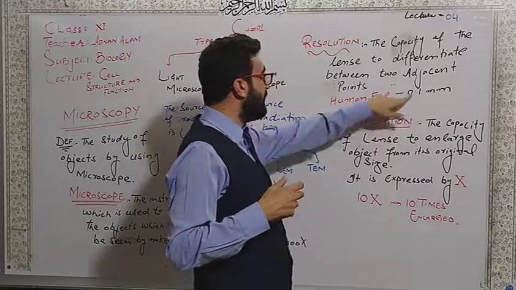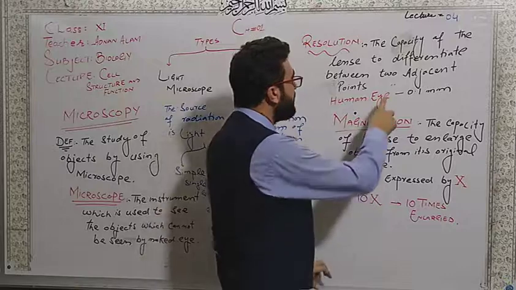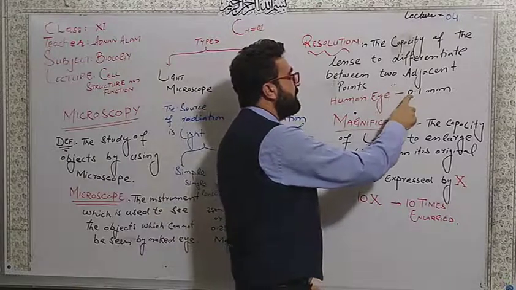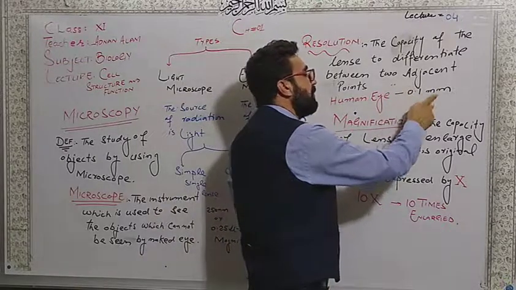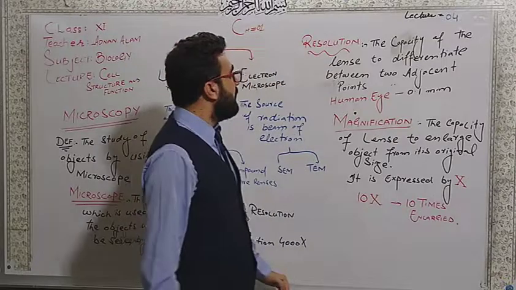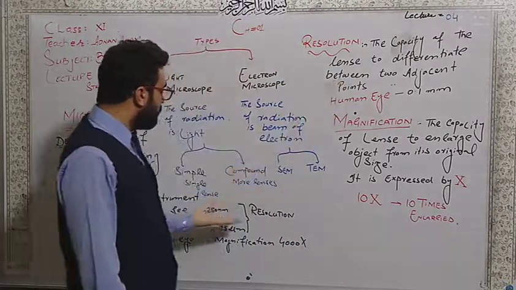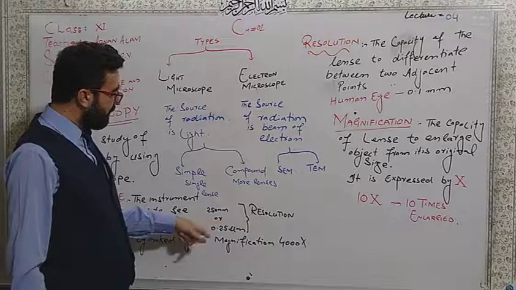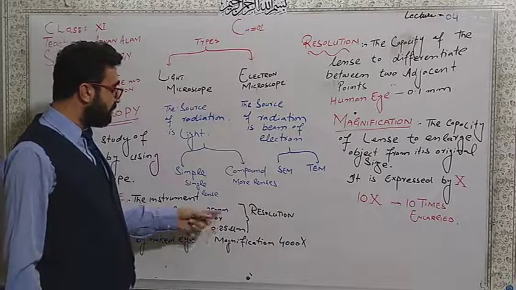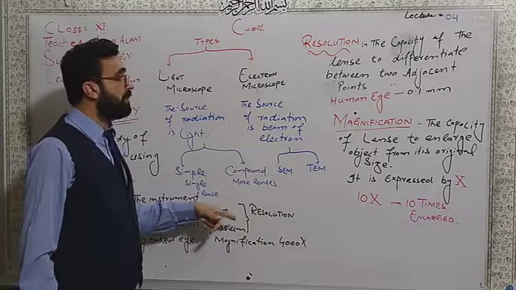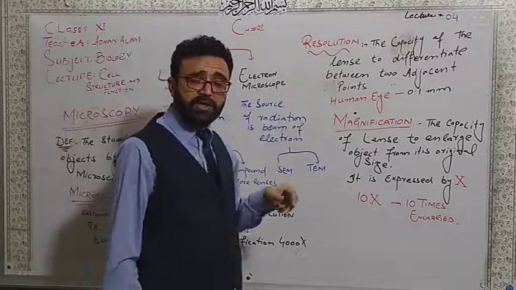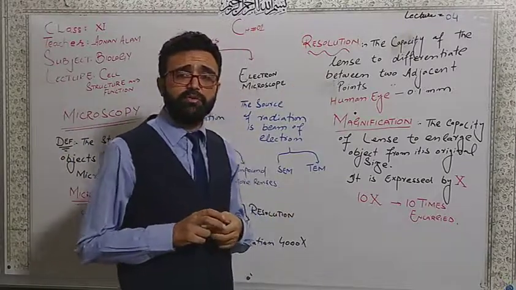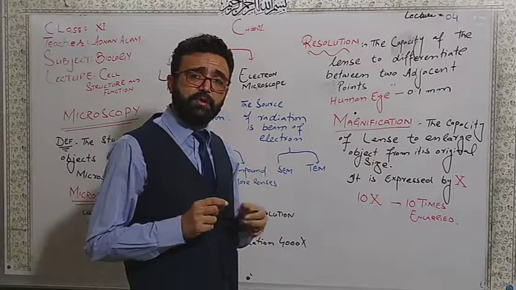The human eye can differentiate two points which are away from each other by a distance of 0.1 millimeter. But the microscope can reach a resolution of 0.25 micrometer. It will tell us about the difference between two points which are very close.